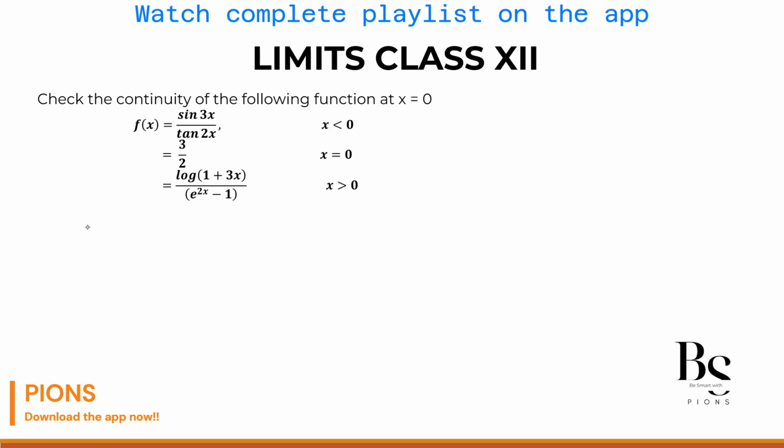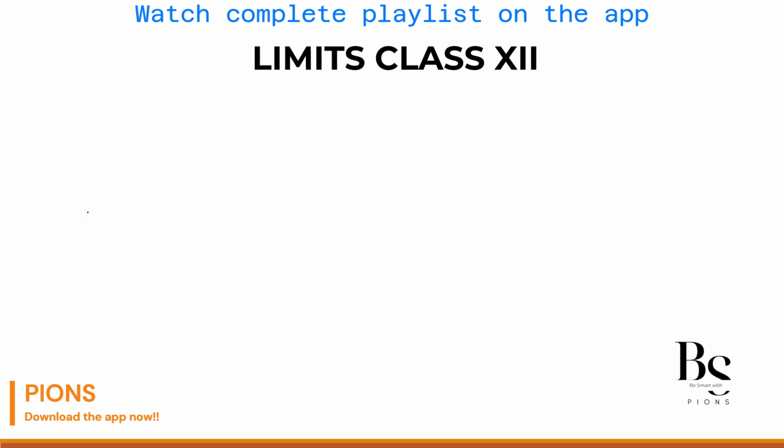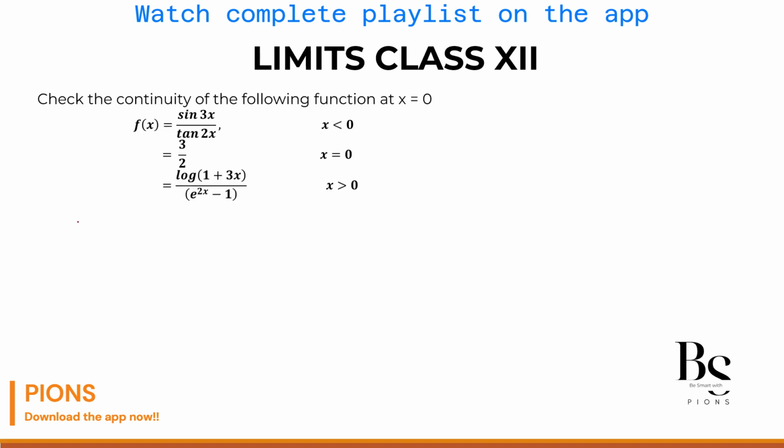Okay, let's start with our left hand limit. Left hand limit here is x less than 0. So limit x tending to 0 negative f of x. F of x is sine 3x upon tan 2x.